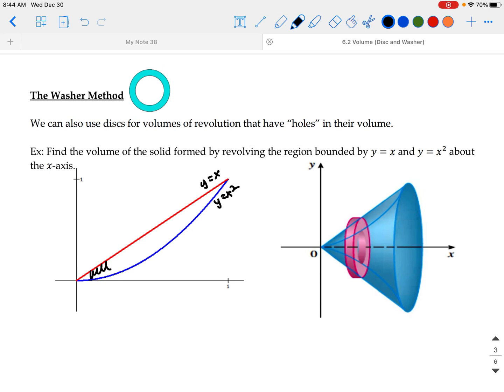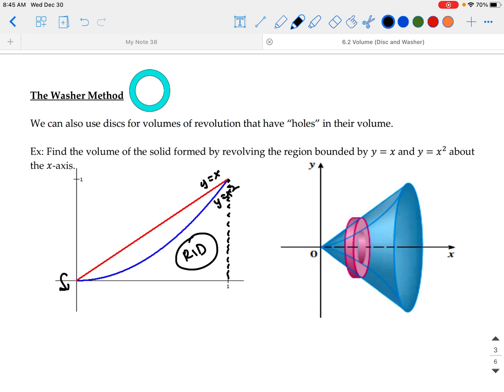What we want is a solid region here that is rotated about the x-axis. So we're going to take that little sliver and rotate it about the x-axis, which means that if we're using the disk method, we need to somehow get rid of this huge section below it, right?